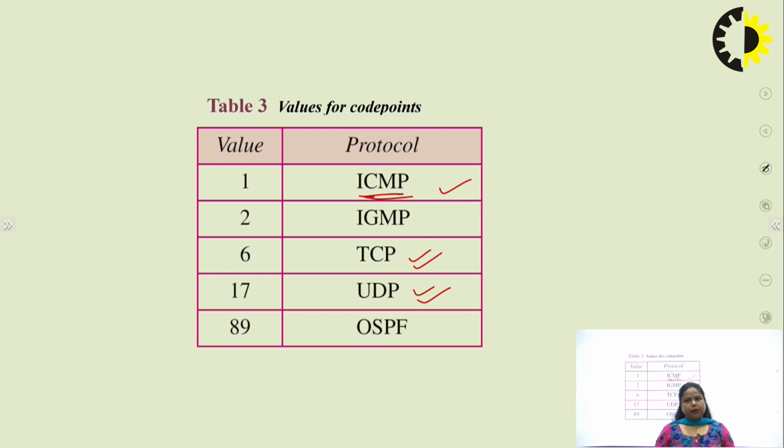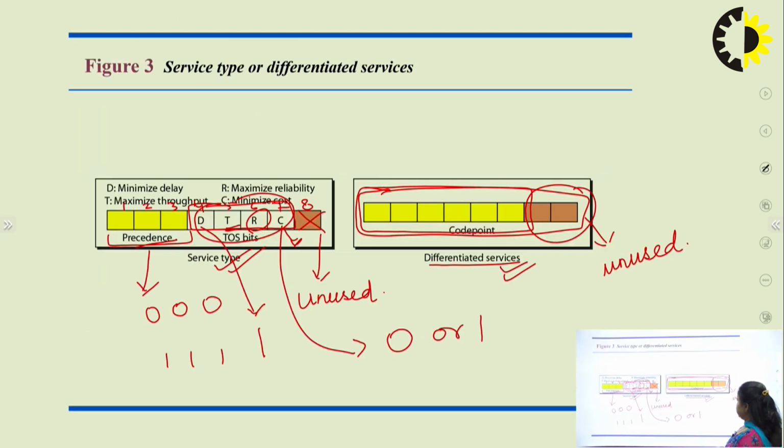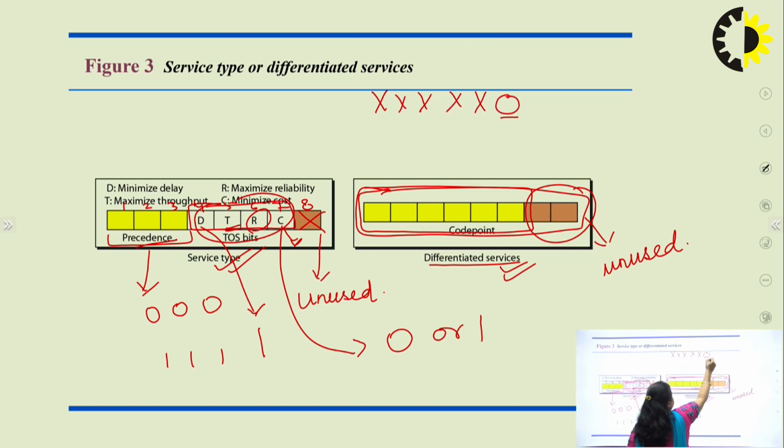Now, if I am talking about the 6-bit code point, in that case, if the last bit in that code point is 0, you can see that if this is the 6-bit code point, and we are using 5 times any value and the last bit value is 0, it means we are talking about assigning authorities, that is Internet.